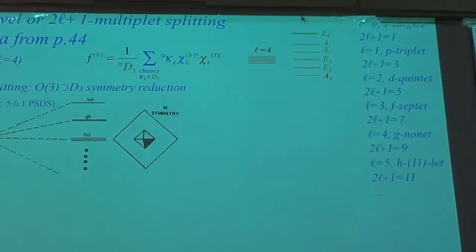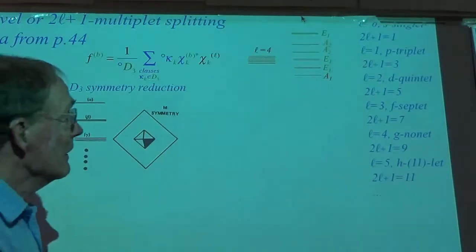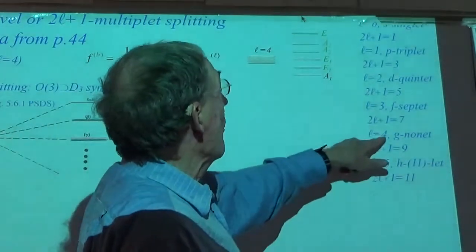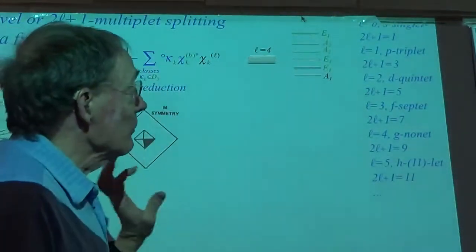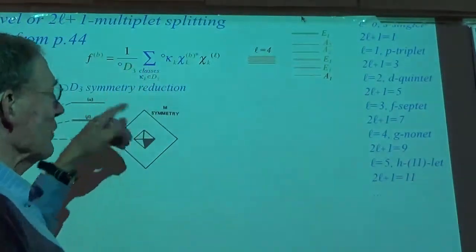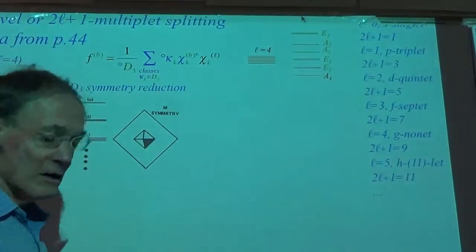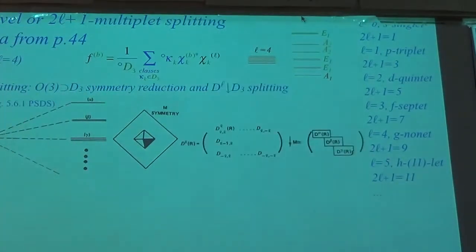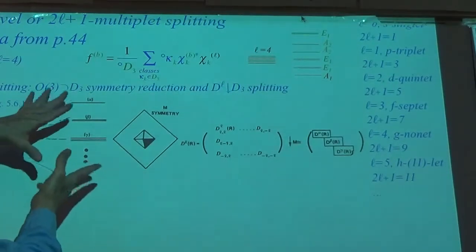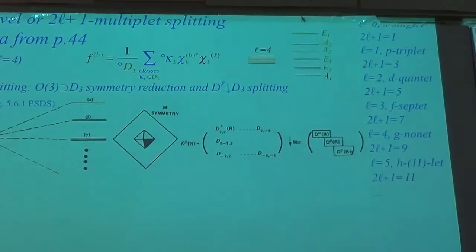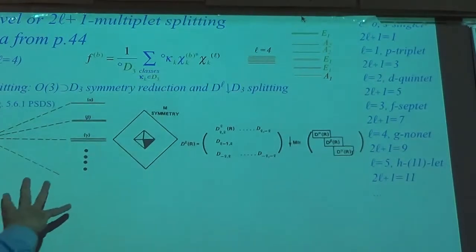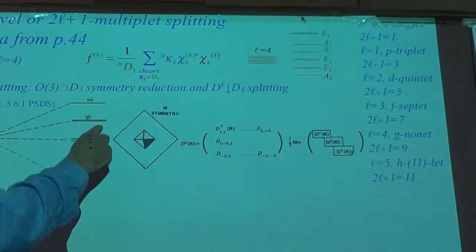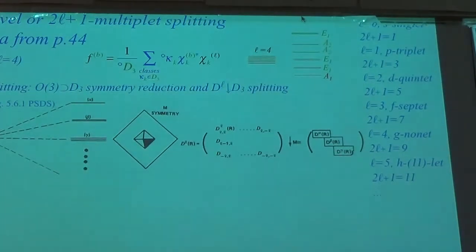Okay, so what we're going to take on is L equal 4. Okay, but before we do the formula, and you really need the formula starting about 3 or 4, we'll see what it is that we need to do. Now let me remind you that this splitting right here of levels is mathematically isomorphic to a projection operator, PL, splitting into sub-idempotents that are associated with each of these levels.